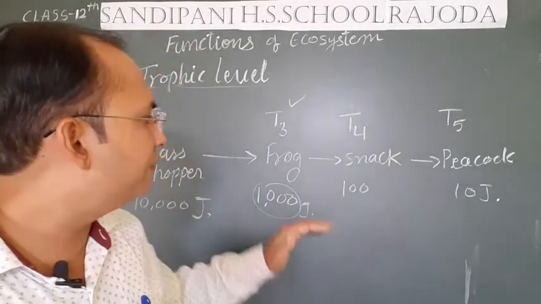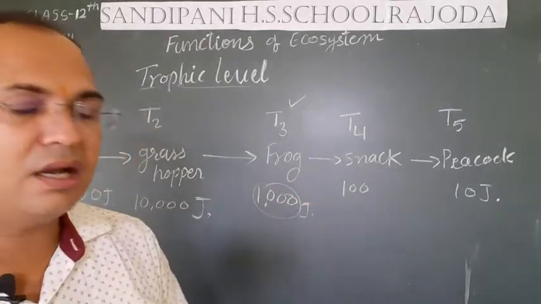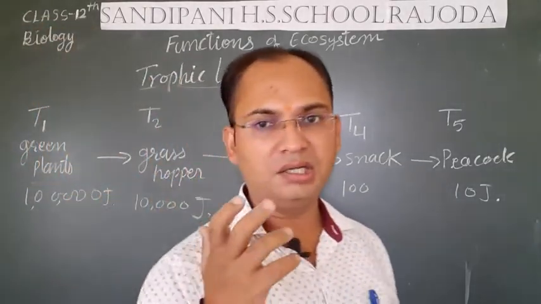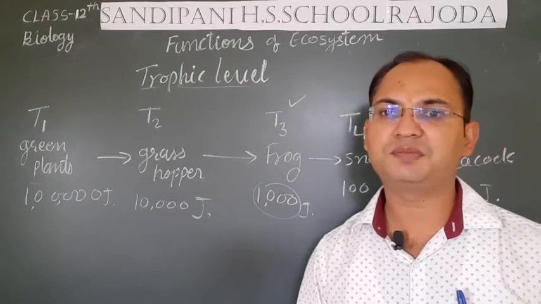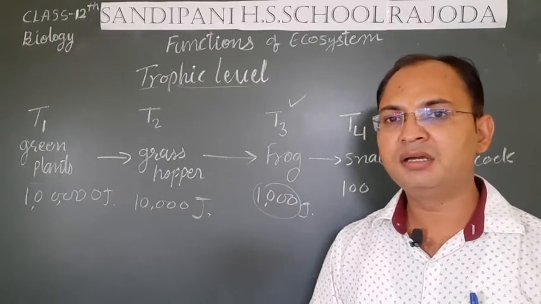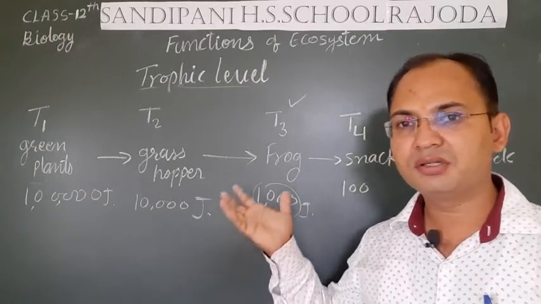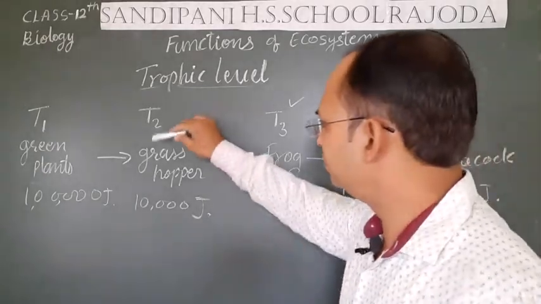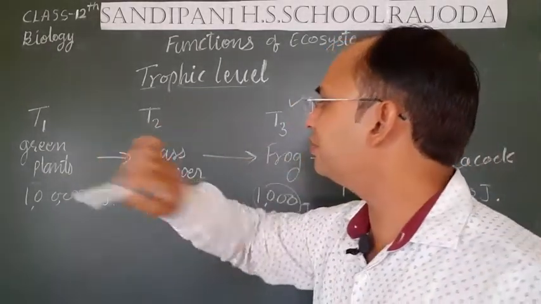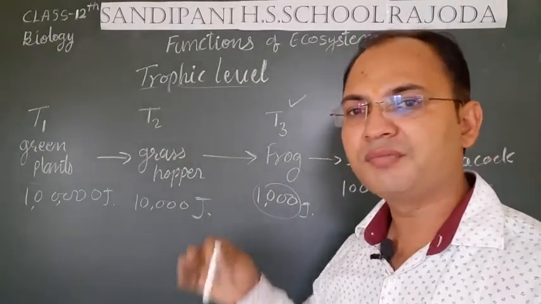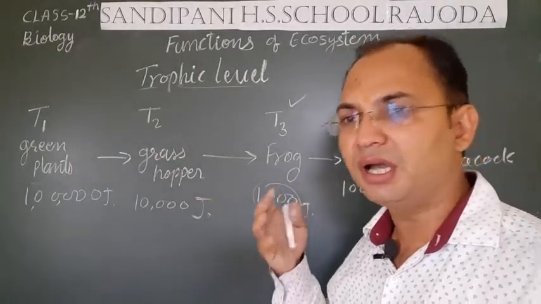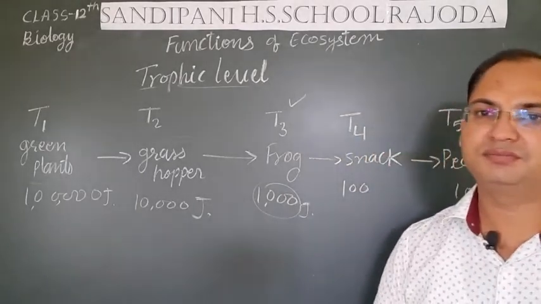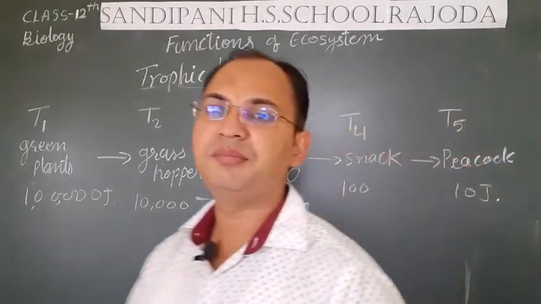Now student, if any kind of disbalance in their population takes place, then it will disbalance the whole ecosystem. For example, the number of grasshoppers or the primary consumers increases abruptly. Suddenly their numbers increase.